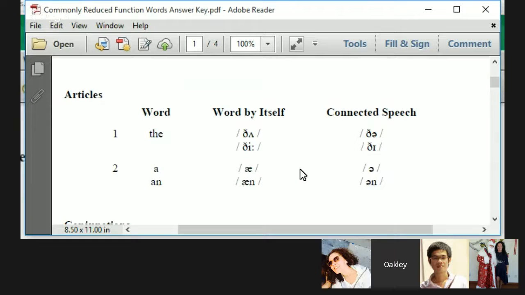So a book, a tree, a door. It helps us connect the sounds together, thus connected speech. And AN, in connected speech is used to connect with another vowel, an elephant, an air balloon, like that.